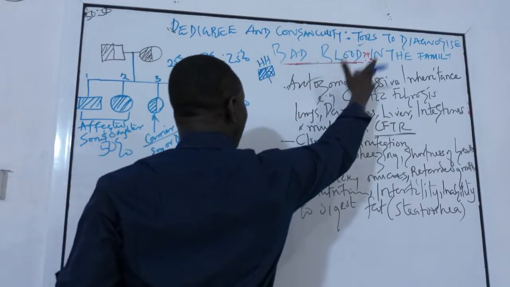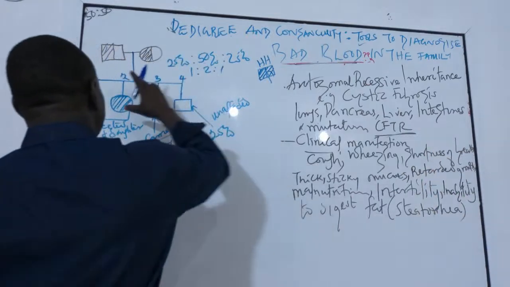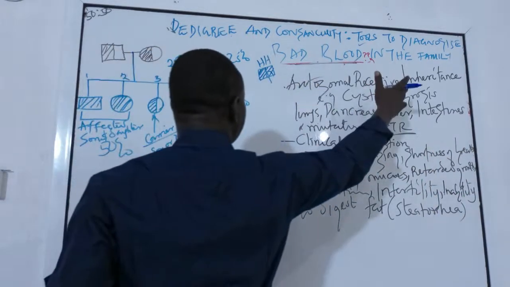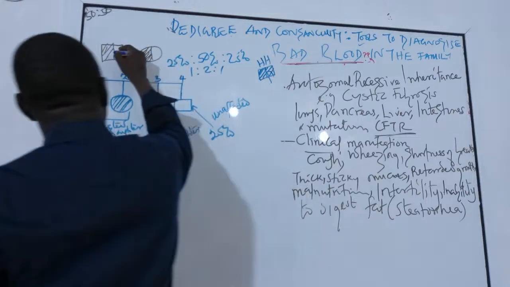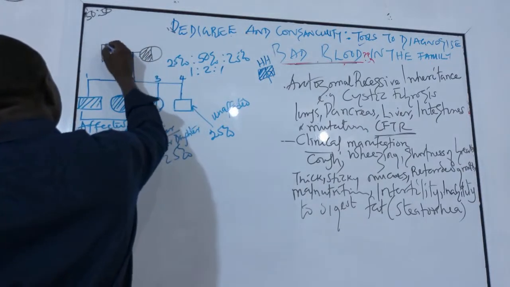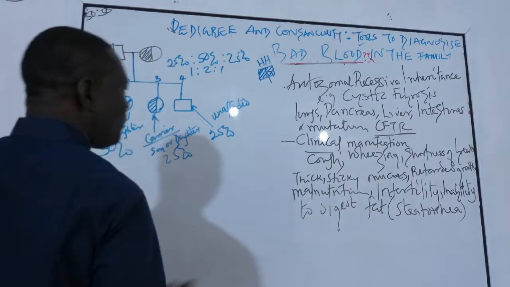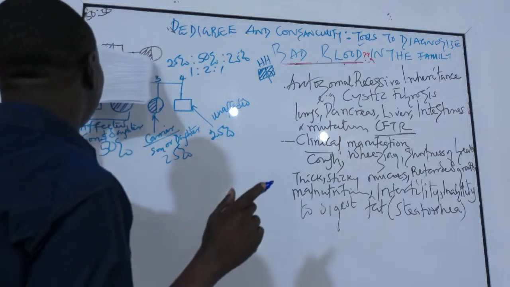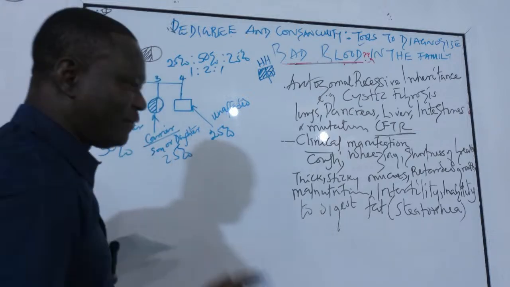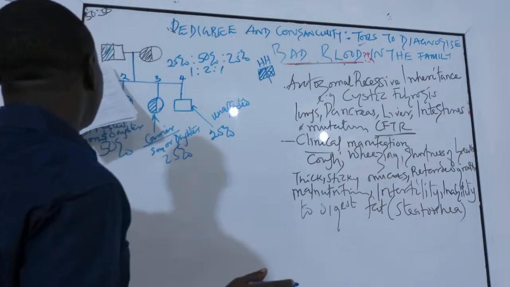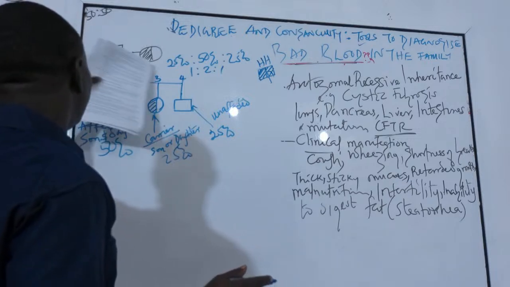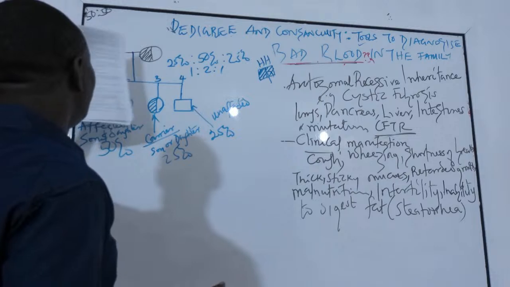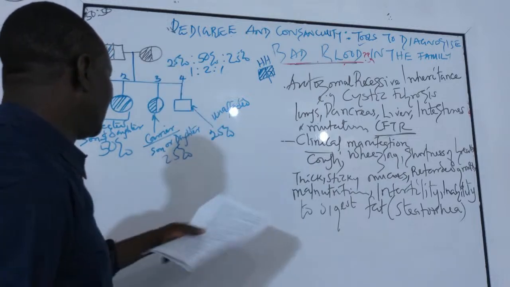autosomal dominant inheritance. But in the case of autosomal recessive inheritance, none of the parents will be affected, but it means that both of the parents will be carriers for that disease.